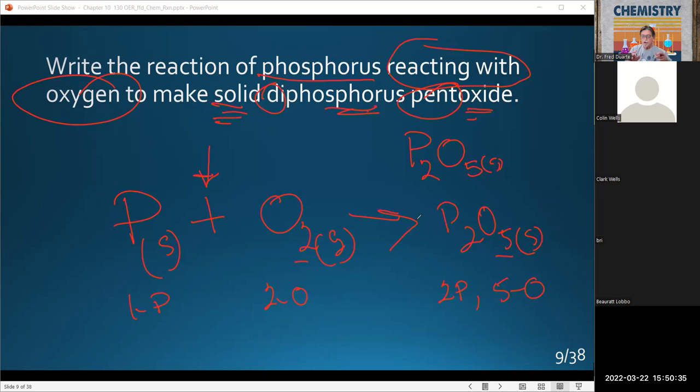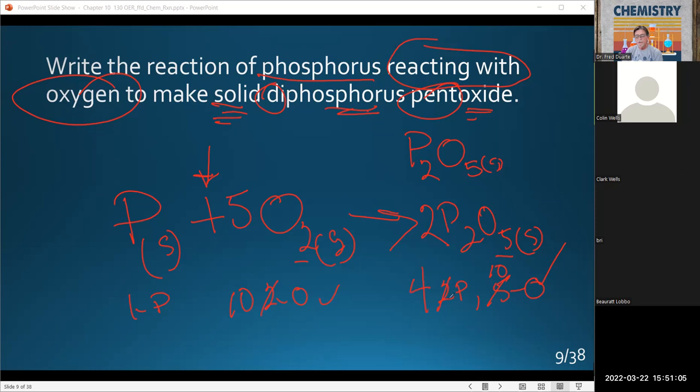We find a common value, right? So if we put a 5 in front of oxygen, that gives us 10 oxygens on the reactant side. And if we put a 2 in front of diphosphorus pentoxide, that gives us 10 oxygens. That balances out the oxygens. We're good with the oxygens. But in the process of putting the 2 here, that kicks up the phosphorus to 4.